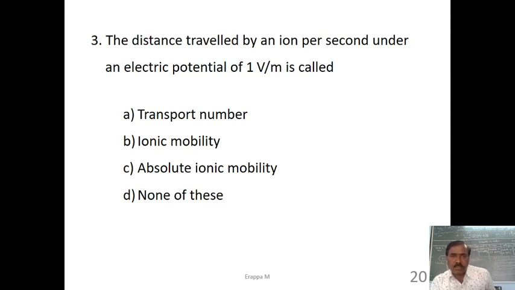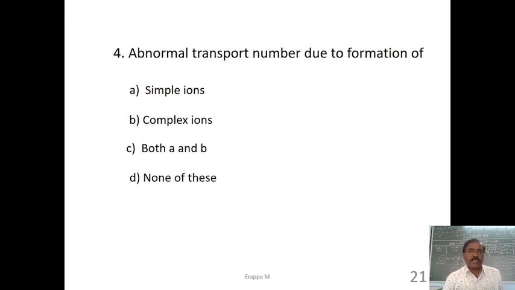The answer is ionic mobility, that is B. Next, the fourth one: abnormal transport number is due to the formation of dash. First, simple ions; second, complex ions; third, both A and B; and D, none of these. The answer is B, complex ions.